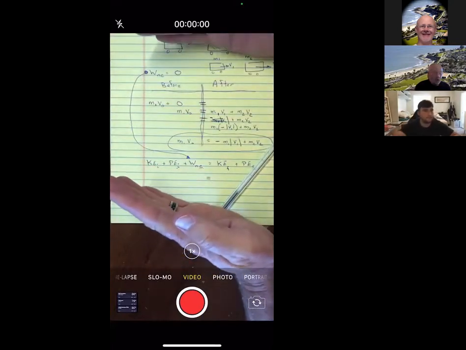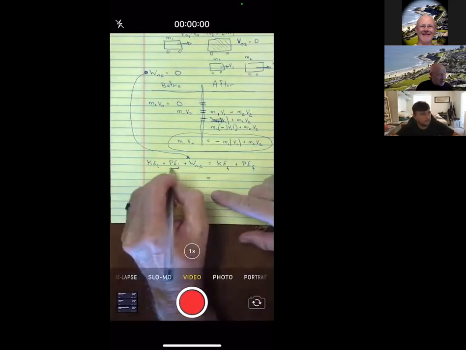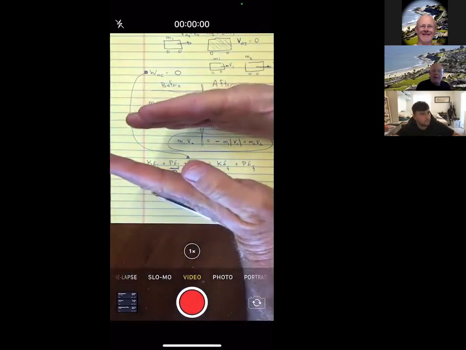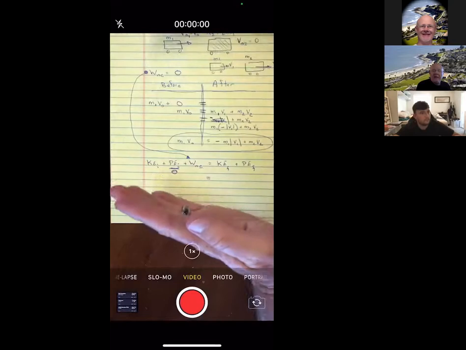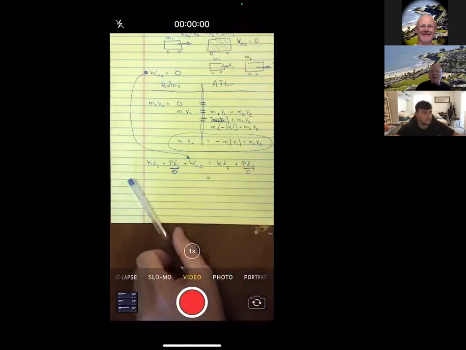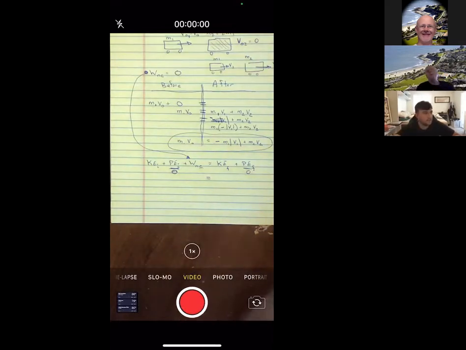So your starting potential energy would be 0. And even though it compressed during the collision, it ended back in its extended form. So that's its beginning and end points. And that's the neat thing about energy.